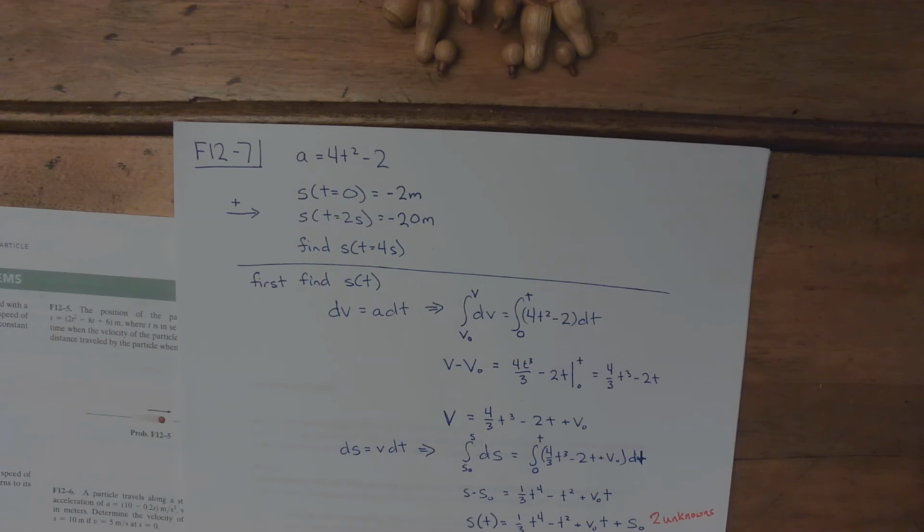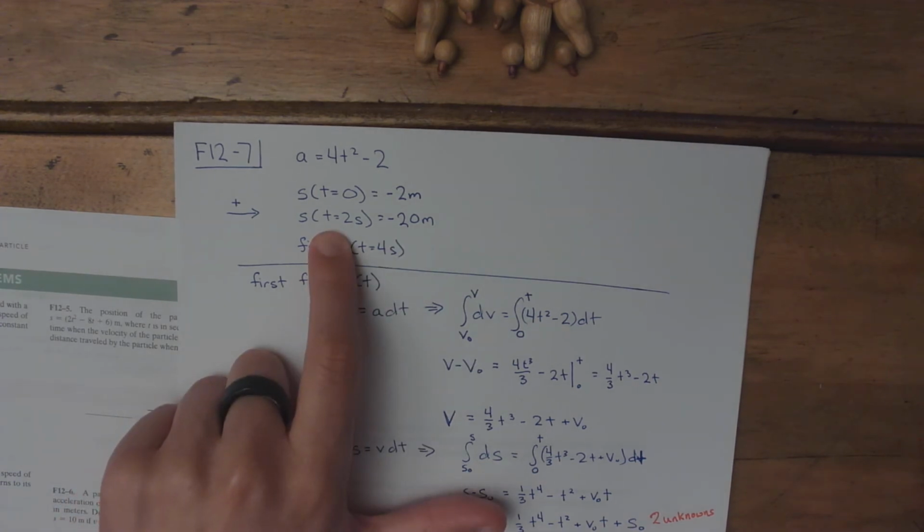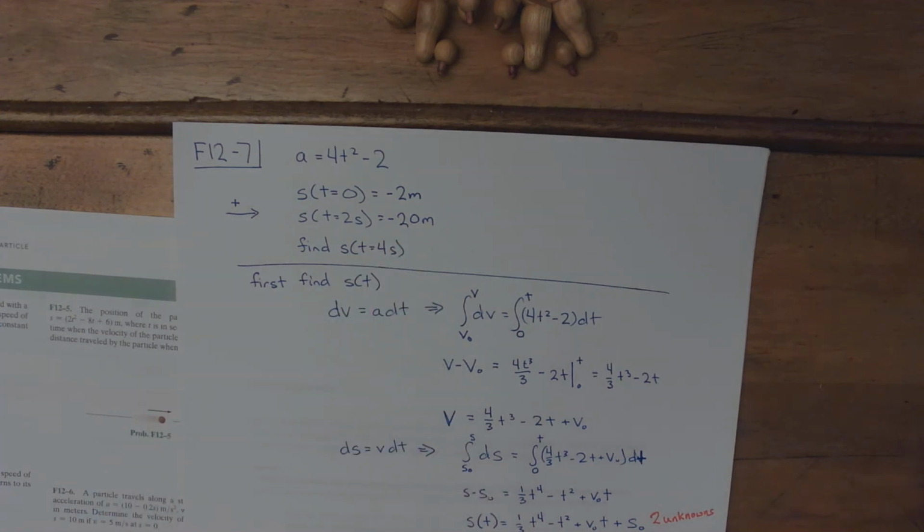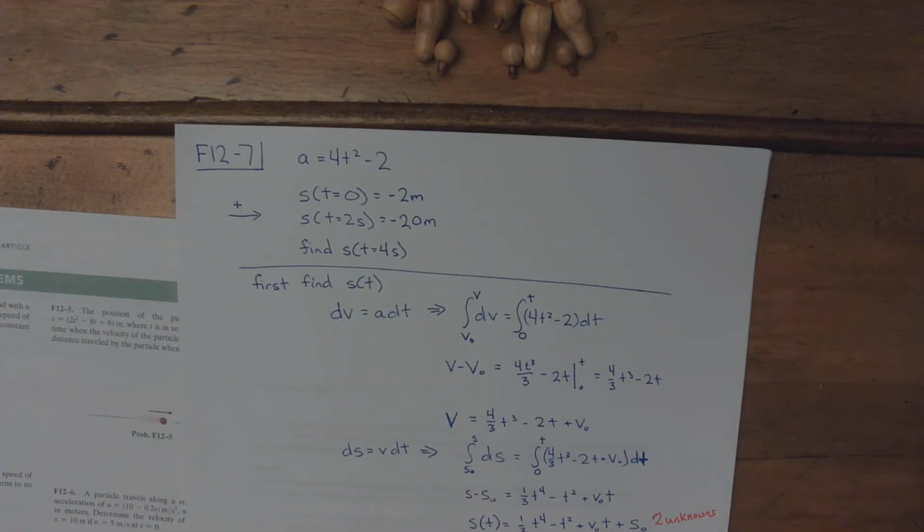So I could go ahead and plug that in for s naught. But then I still have one unknown. But fortunately, they gave me a second piece of information here. When time is equal to 2 seconds, the position is equal to negative 20 meters. So I can use that to figure out my last unknown.